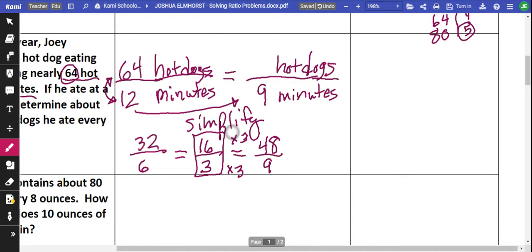So this particular problem did not have an easy ratio that would multiply or divide evenly from 12 to 9. So then we tried simplifying to help us solve it. So we got ratio 1. If there's 12 minutes, they're eating 64 hot dogs. That means if there's 9 minutes, there's 48 hot dogs.